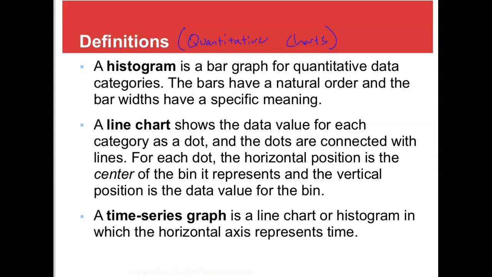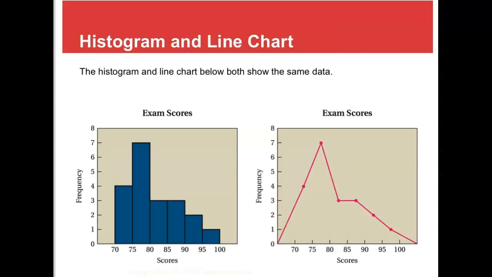A line chart is basically the same thing as a histogram, except instead of bars, we just use a single point at the height of the frequency for each bin, and then we connect the dots. I'll show you that here. So that exam score data, here's a histogram of exam scores.